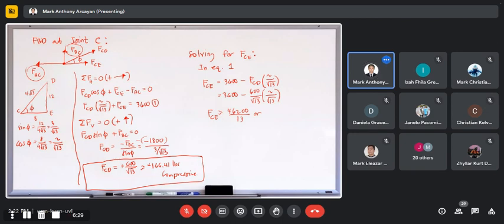So mahimo siyang 45600 over 13, or in decimal, that's 3507.69 pounds. And since positive ang answer, pasabot, this is compressive ang member. Compressive na siya.